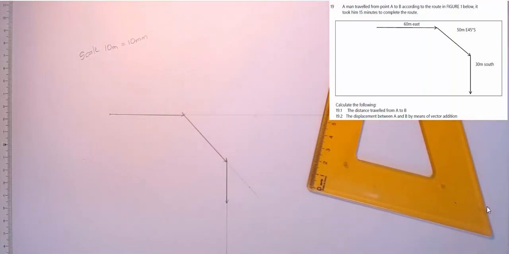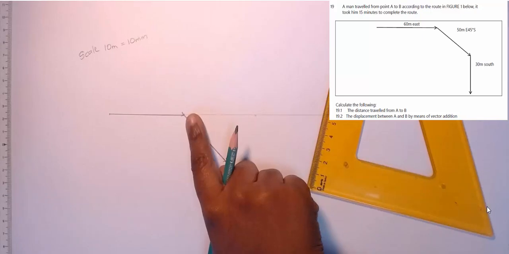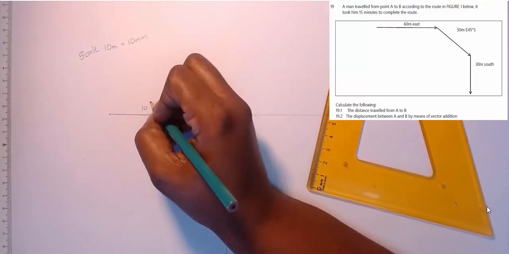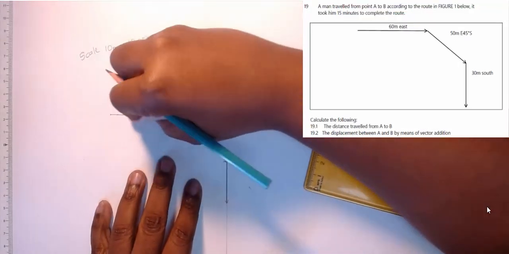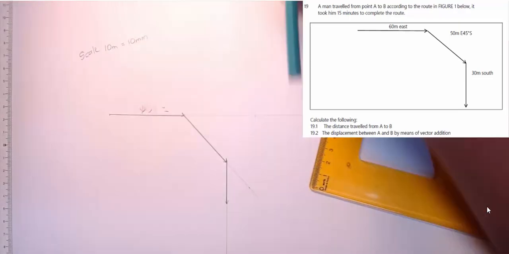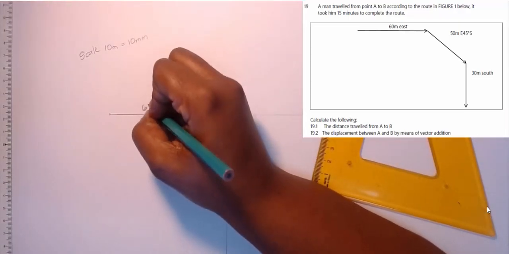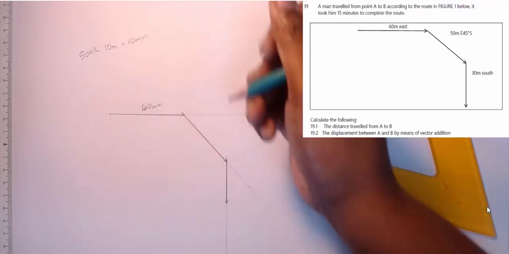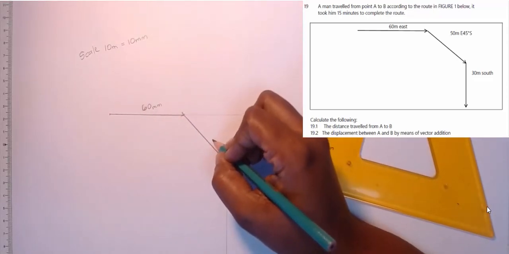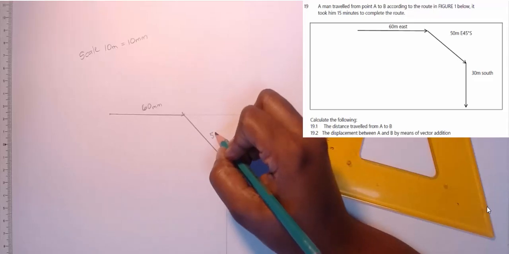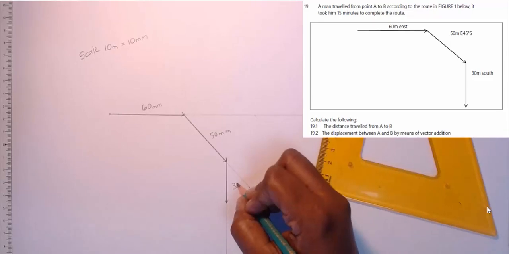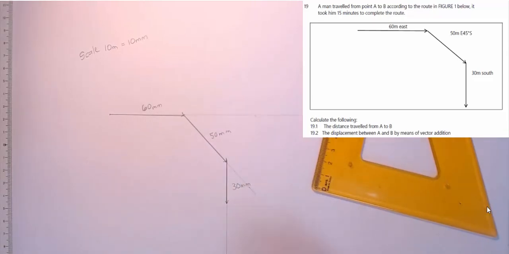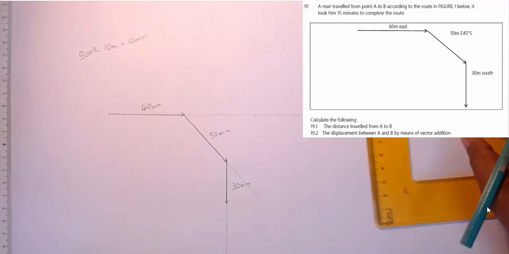So from here to here, it was 60 meters to the east, which is equivalent to 60 millimeters. Then here it is 50 meters, which is equivalent to 50 millimeters. Then this line right here is 30 meters, which is equivalent to 30 millimeters.